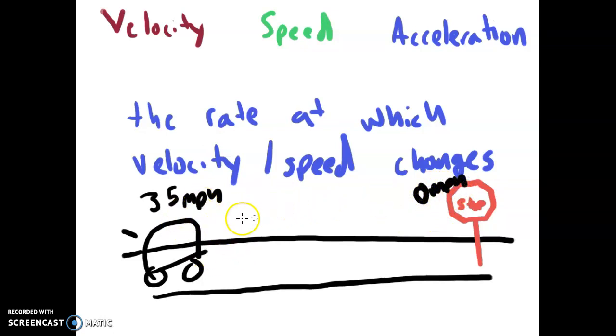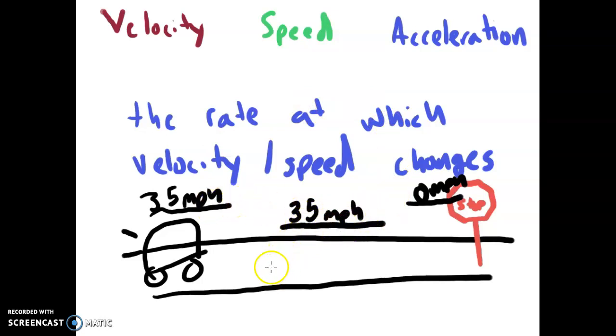In order to figure out the acceleration, we need to know the difference between, right, the velocity or the speed. In this case, I'm using just speed, right? So the difference between the speed at the start and the speed at the end. In this case, the difference is just 35 miles per hour. And we would actually divide that, right, by the time it takes.